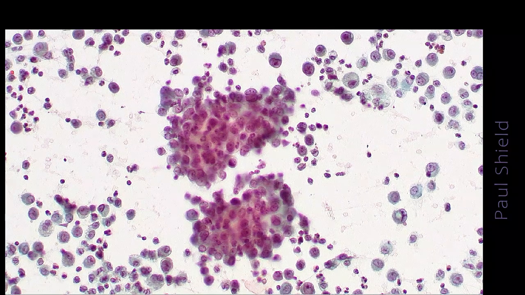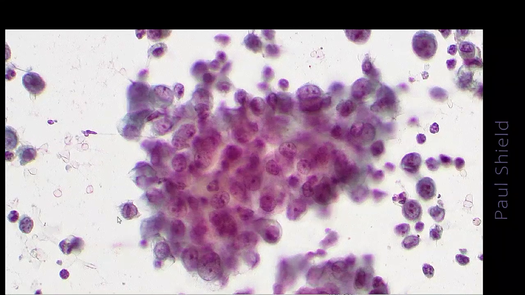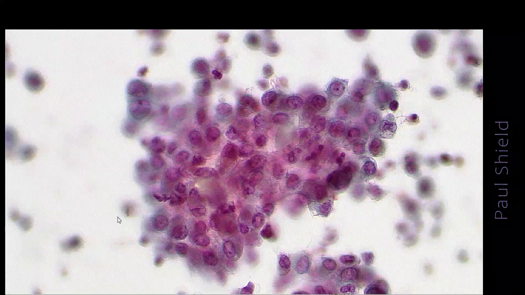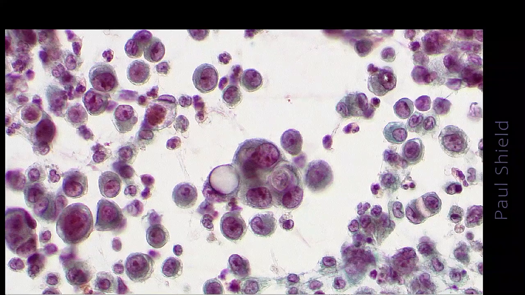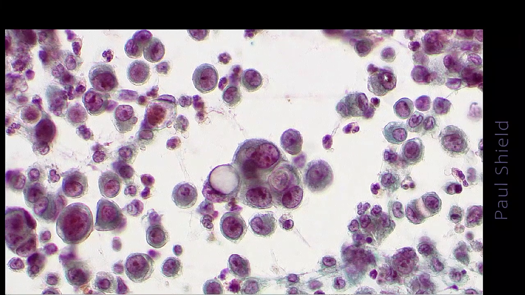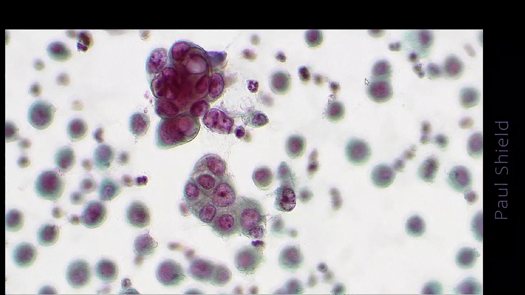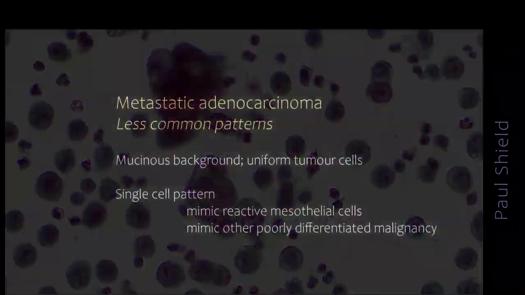These are fairly dense groups. They don't appear to really have windows in them. They're not as organised as some glandular groups, but the main thing I'm trying to do is to exclude these being mesothelial. And here's some vacuolation in the cytoplasm of a couple of these cells, so that's good supporting evidence for adenocarcinoma also.